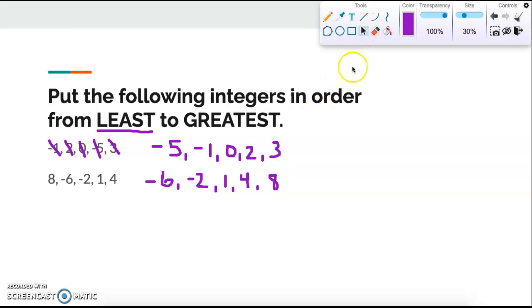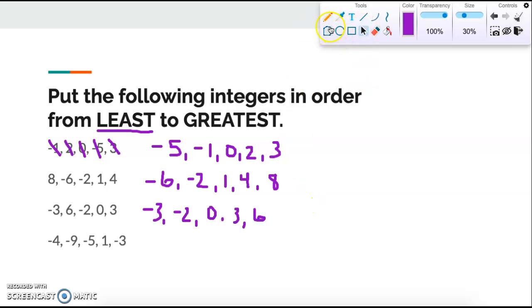Okay, here's another one for you. Okay, the least number on this one is -3, then -2, then 0, then 3, then 6, and one more. -4, -9, -5, 1, and -3.